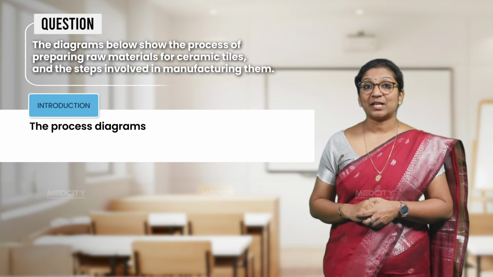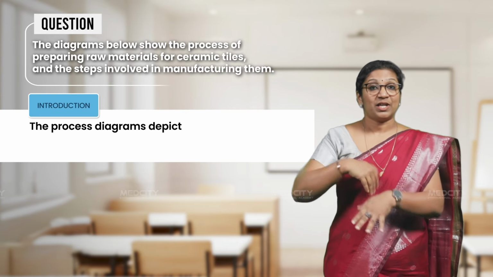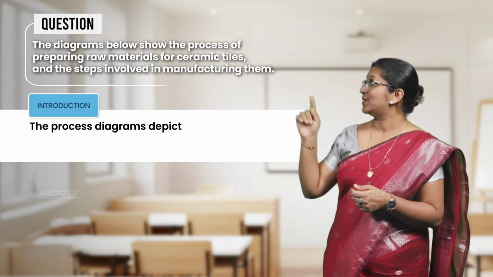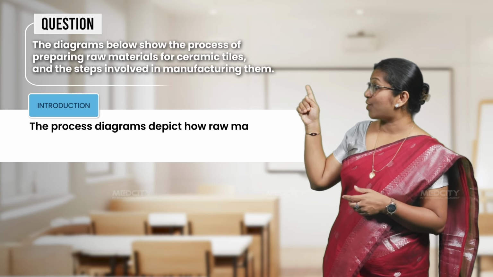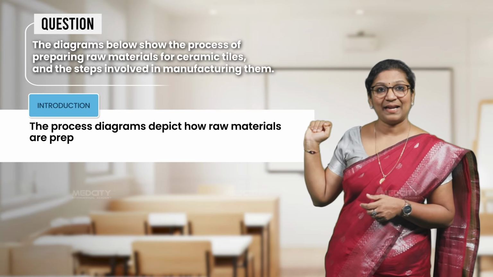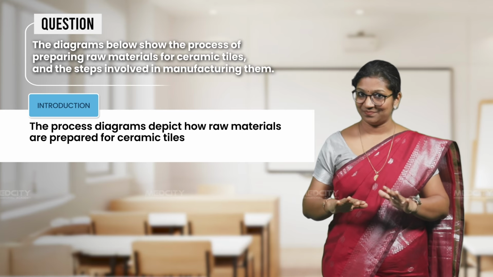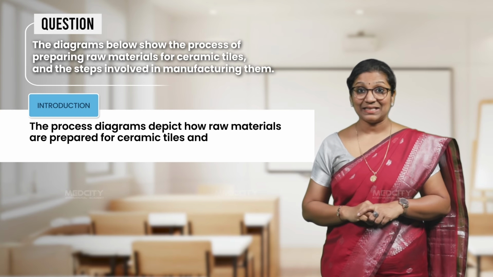The process diagrams depict. Now the next bit of the question, we need to reword it completely to form a new sentence. So the process diagram depicts how raw materials are prepared for ceramic tiles. Paraphrase the first part. We write the word and.